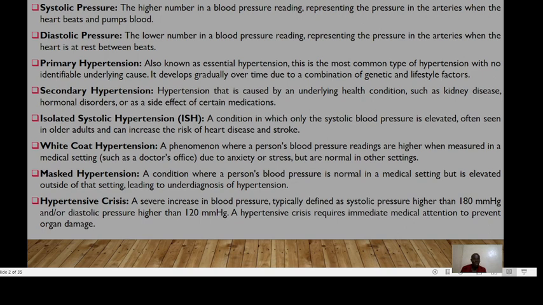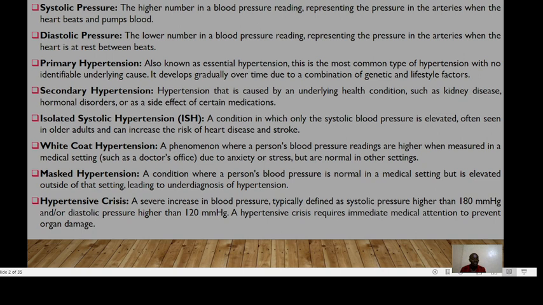White coat hypertension is a phenomenon where a person's blood pressure readings are higher when measured in a medical setting, and this is probably due to anxiety or stress, but are normal in other settings. Masked hypertension is a condition where a person's blood pressure is normal in a medical setting but is elevated outside the setting, leading to underdiagnosis of hypertension.